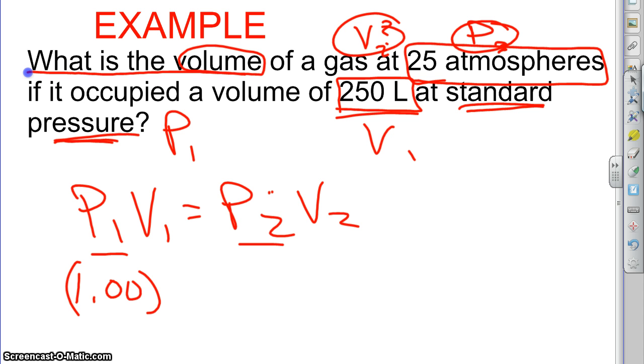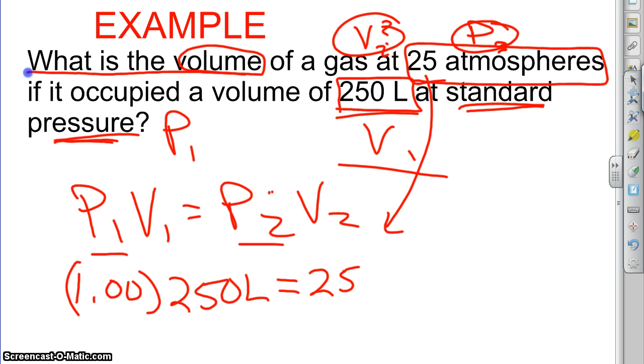V1 is right here. It's 250 liters. And that's going to be equal to P2, which is 25 atmospheres from up there, times V2, which is what the problem is asking us to find. We've plugged everything in, now we just have to solve it.